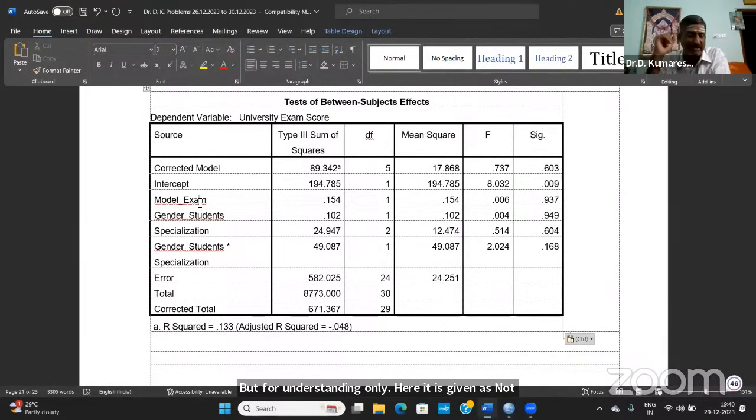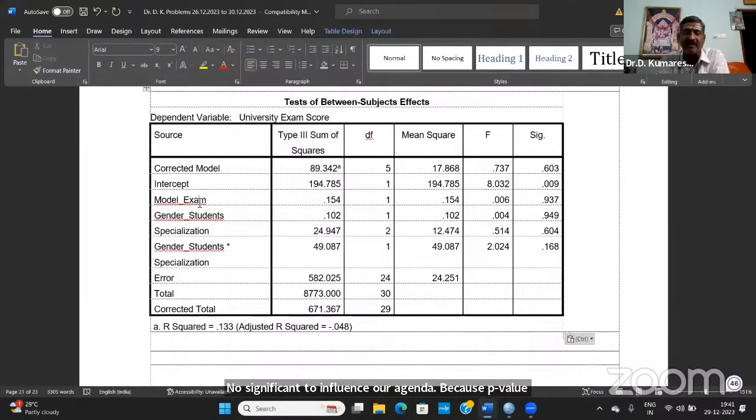But most probably, this covariate variable would be influencing the dependent variable significantly. Then what are the independent variables? Gender and specialization. No significant influence of gender because the p-value is 0.949.